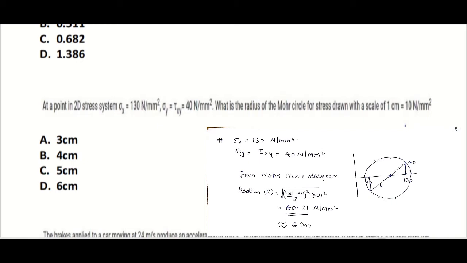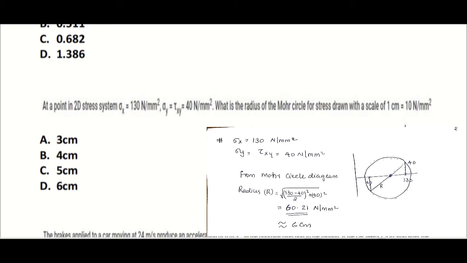Mark the point 40 above, and tau yx the same 40 below. Then join these 2 points and we will get the center point of the Mohr circle diagram.